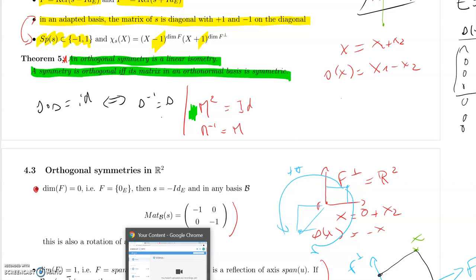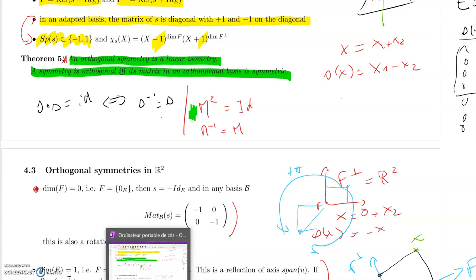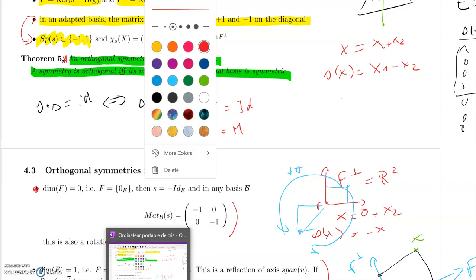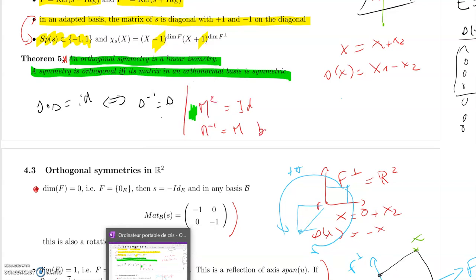Then, if it's orthogonal, the other property of orthogonal matrices is that M inverse is equal to its transpose. So M inverse is equal to M transpose as M is orthogonal.